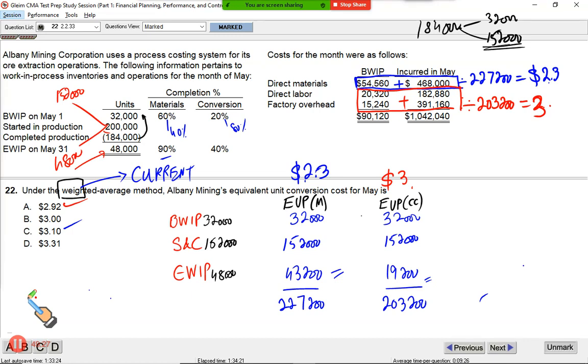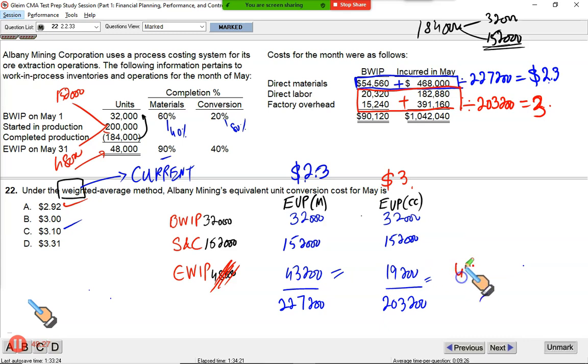Now, gentlemen, listen to me very, very carefully. We have done it. This is 3, already calculated. Now, I want you to value my ending work in process. I want you to value the goods completed during the period. First, let's calculate how we value the ending work in process. For valuation, I'm not going to take this. I'm going to take the equivalent units.